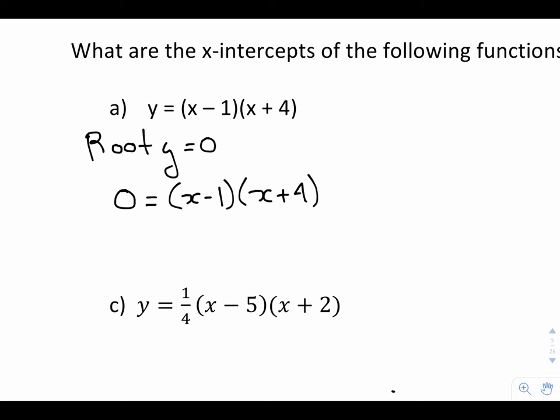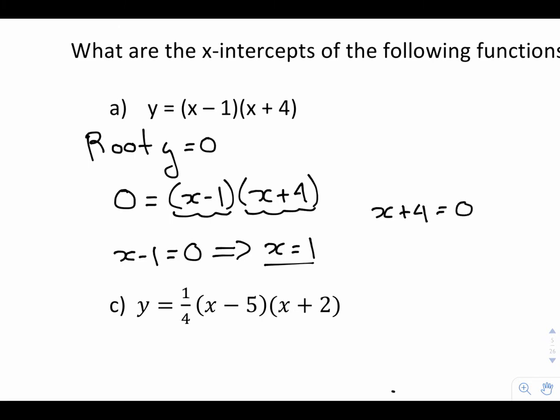Either, now in this case, I don't know what the numbers are, so either x minus 1 is 0 or x plus 4 is 0. So let's start with the first one. If x minus 1 equals 0, well, if I solve this equation, that means x equals 1, and that's our first root. On the other hand, if x plus 4 equals 0, I bring the 4 over, and this becomes x equals negative 4, and that is our other root.